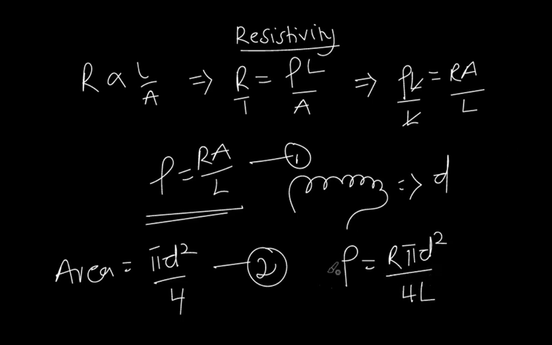So for the resistivity of a particular conducting wire, when we know the area and don't have the diameter, we can use equation number 1 to get our answer. But once we know the diameter, the resistance, and the length of the wire, we can use this formula also to get the resistivity of the wire.